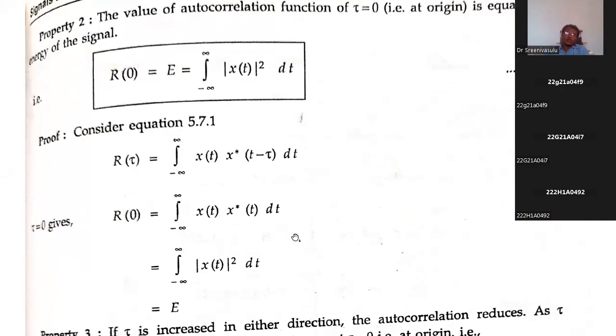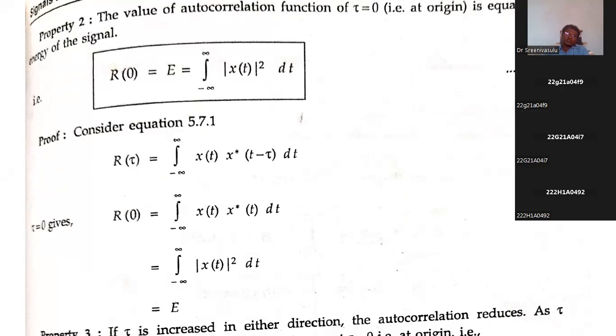Now, second property. Previously, whatever we derived about how to calculate energy, we are going to write it as one property. Consider the R of tau formula as usual. In this tau, you can substitute tau equal to 0. Now you see the formula x of t into x complex conjugate of t minus tau dt.